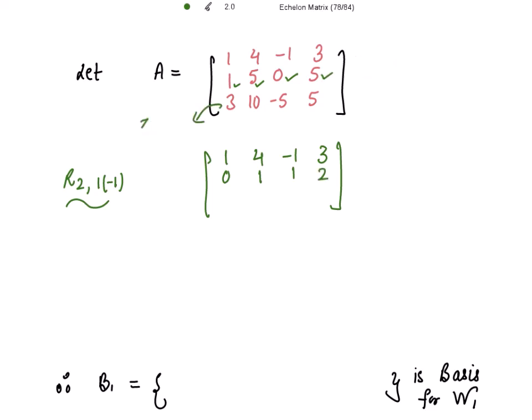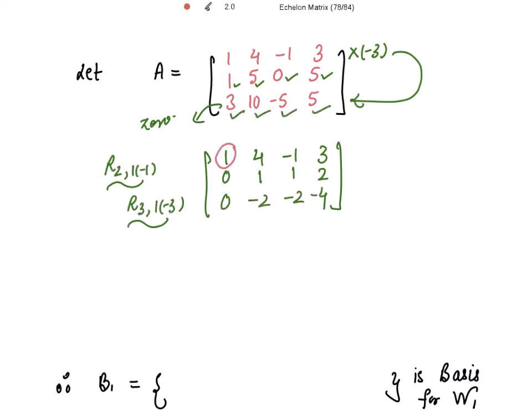To get 0 in place of 3, I multiply row 1 with -3 and add its elements to row 3. So 1 is the leading element for the first row, and 1 is the leading entry for the second row. To make this the leading element for the second row, I need to make 4 and -2 into 0.